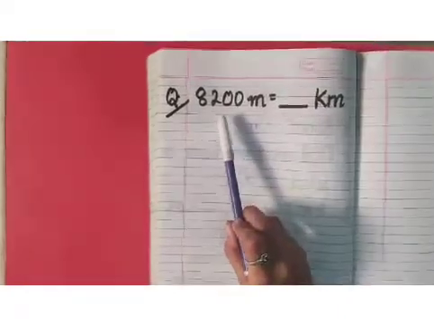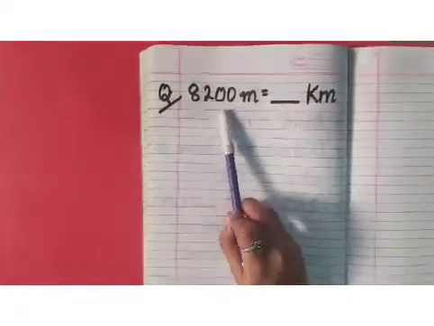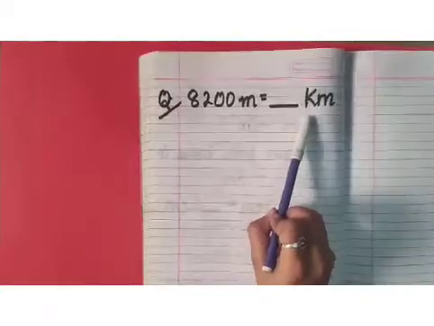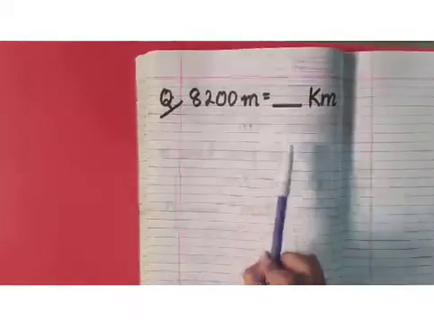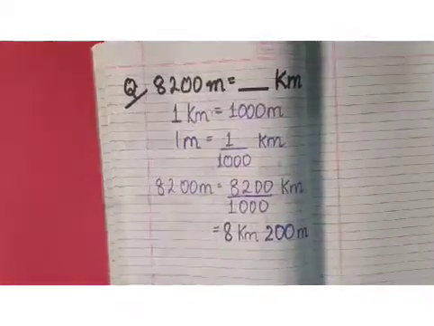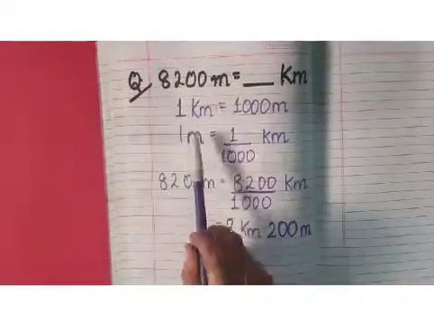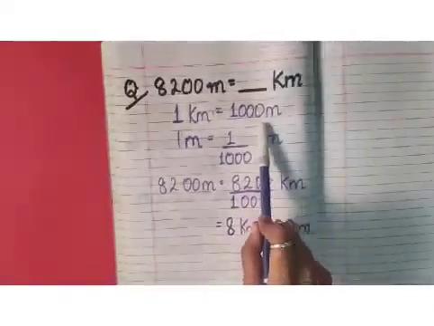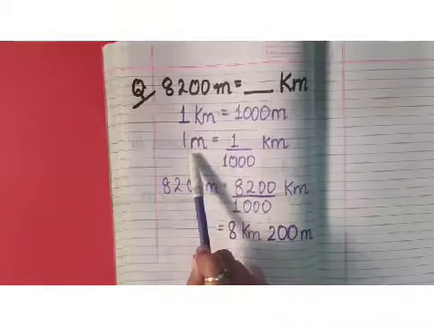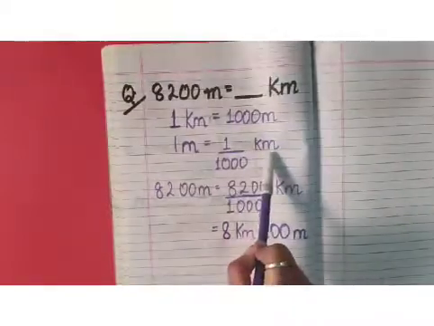Now, we will convert 8,200 meters to kilometers and meters. As we know, 1 kilometer is equal to 1000 meters. So 1 meter is equal to 1 upon 1000 kilometers.